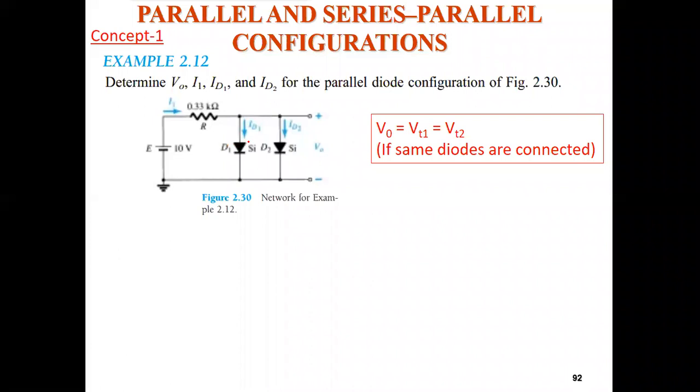Okay, so when the parallel diode problems come, there will be 2 diodes in parallel, here D1 and D2 are in parallel.